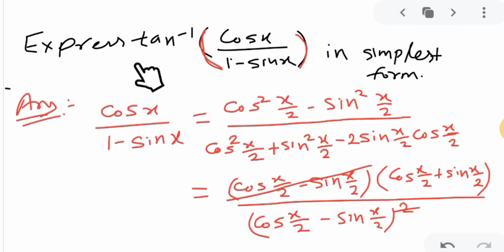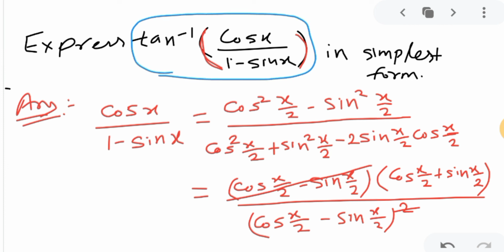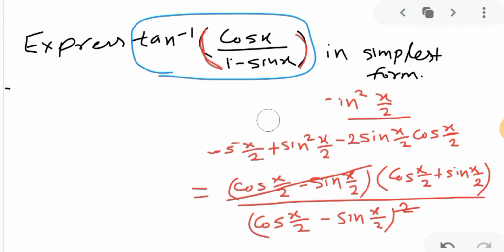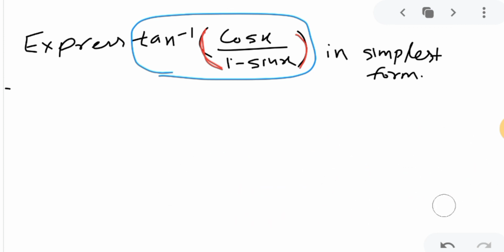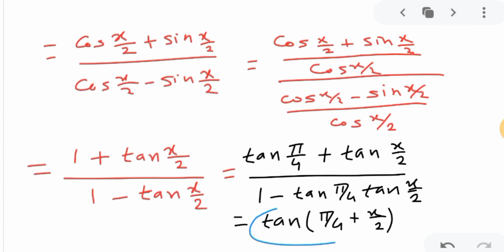So now I will come here. We have to simplify this. So tan inverse, I am erasing this, because this is already done. So tan inverse, and this whole term I got as tan pi upon 4 plus x upon 2.